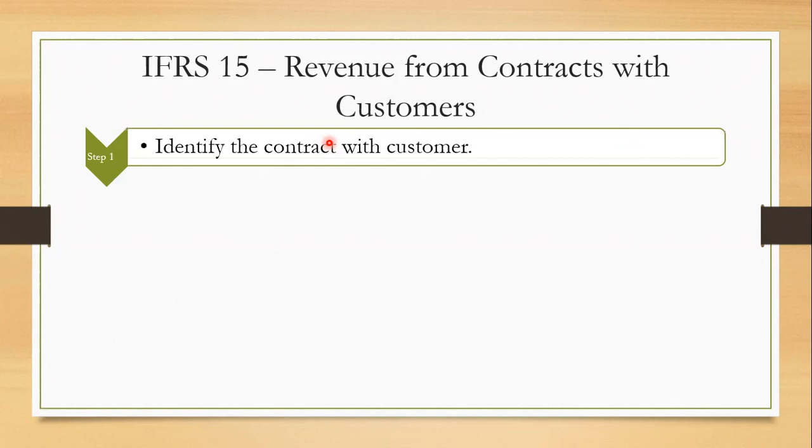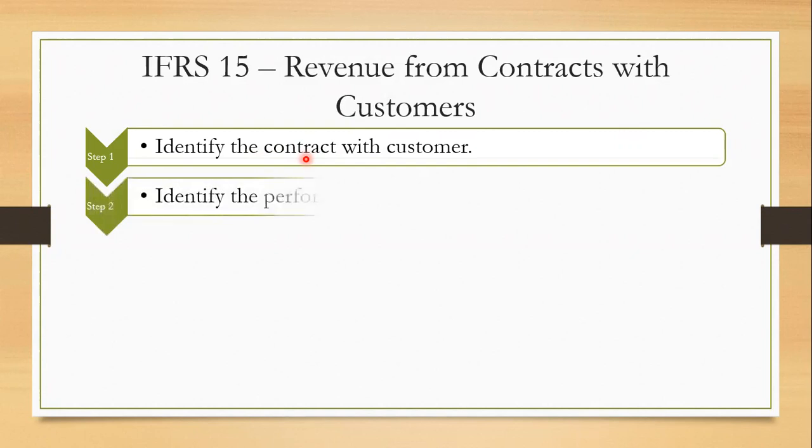Please understand here, the contract need not be in writing. It may be a verbal contract, it may be an implied contract. Whatever the form of the contract, we have to identify the contract first. That is the first step in revenue recognition in line with IFRS 15.